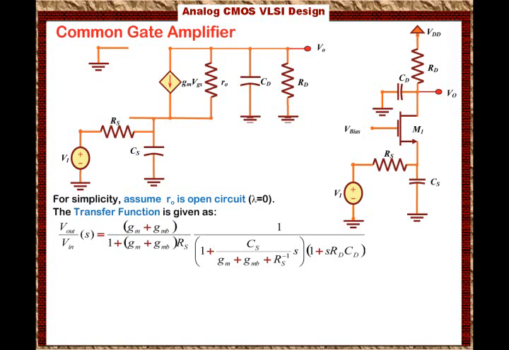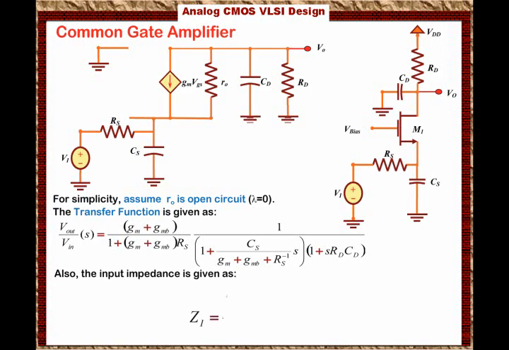Usually the output pole is dominating in the common gate amplifier, and the reason is Rd usually is much larger and Cd is much bigger than Cs, and that means the output pole is the dominating pole and it occurs at lower frequency. Also, if you would evaluate the input impedance, just to save us time, we will only give you the equation, but you can verify it using a test voltage and the test current method.